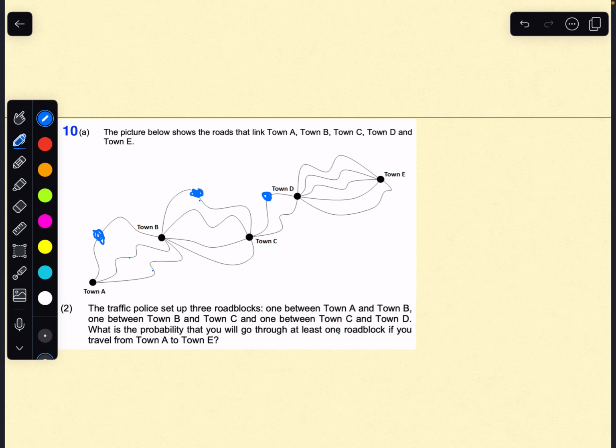So for example, if you look at this route, that route goes through all the roadblocks.